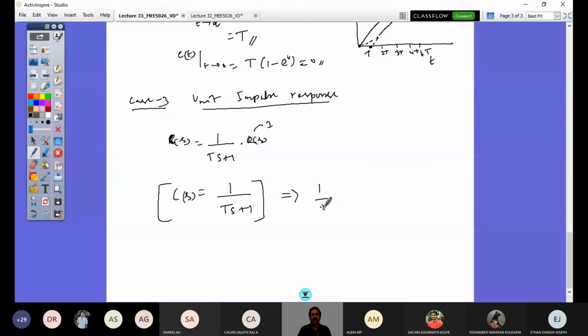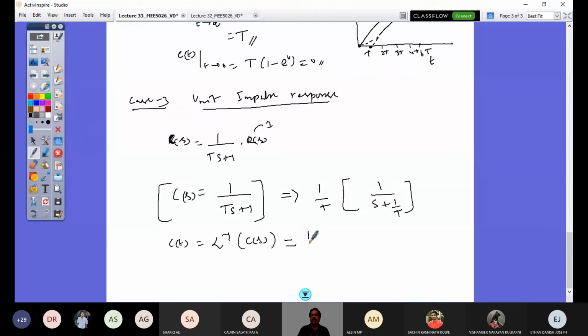So now C of t would be the Laplace inverse of C of s, and that is going to be 1 by T as it is, and this is 1 by s plus this, so it is e raised to minus t by T. So this is my response for all values of t greater than or equal to 0.